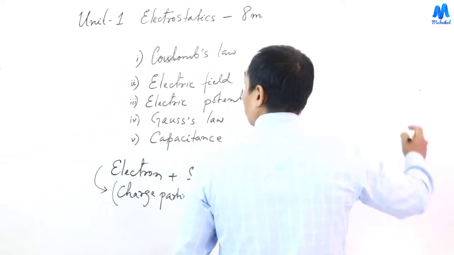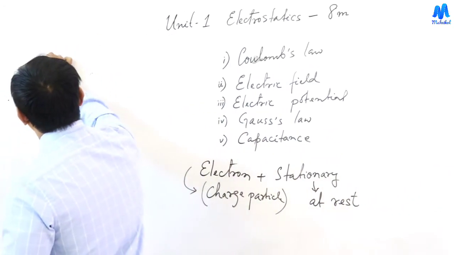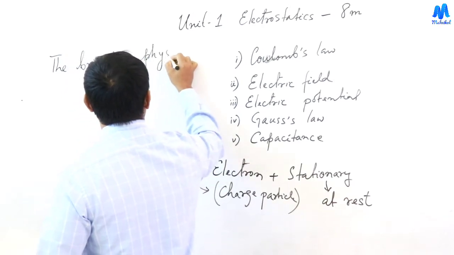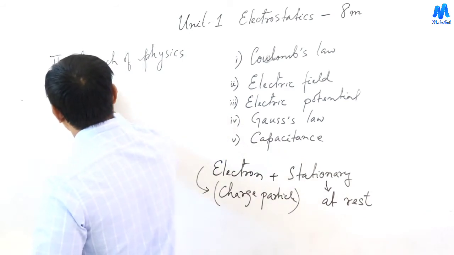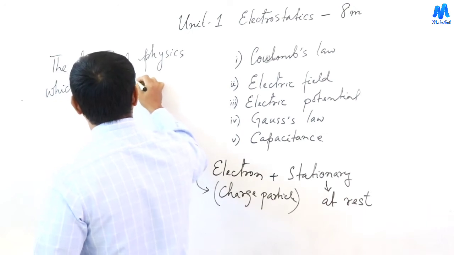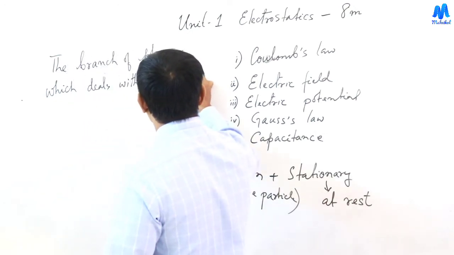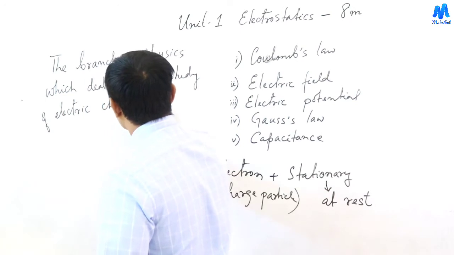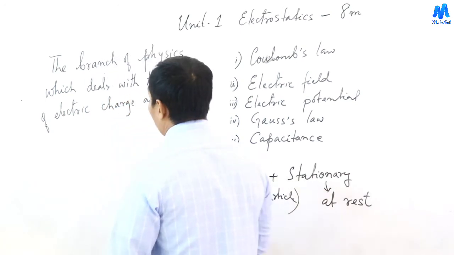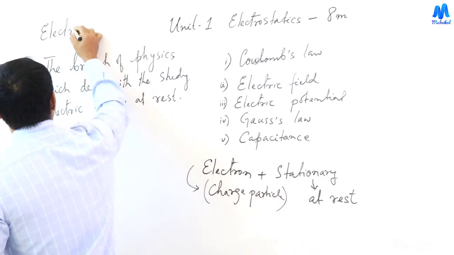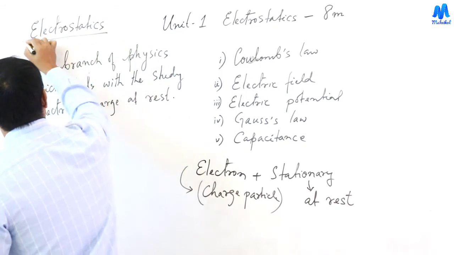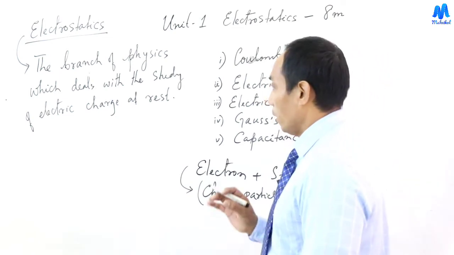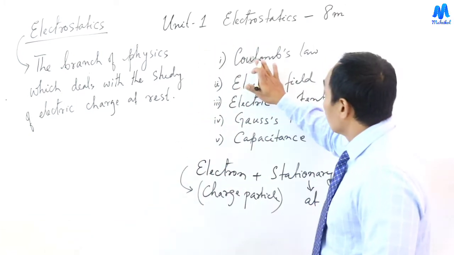So electrostatics is the branch of physics which deals with the study of electric charge at rest. And next we have to define Coulomb's law.